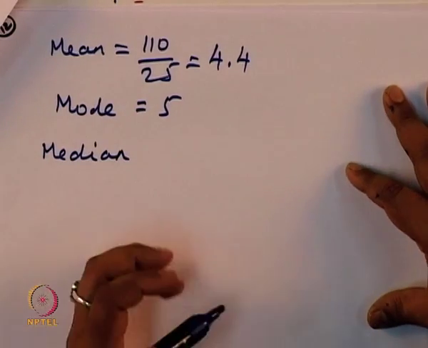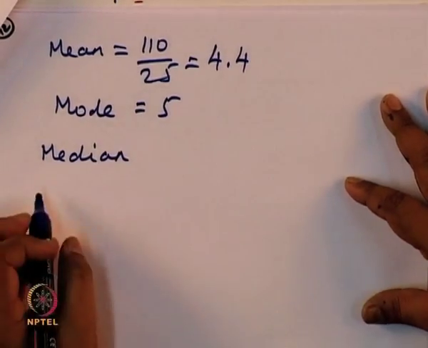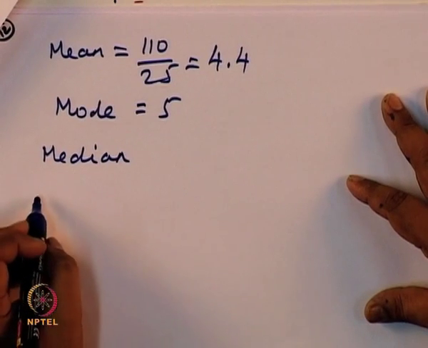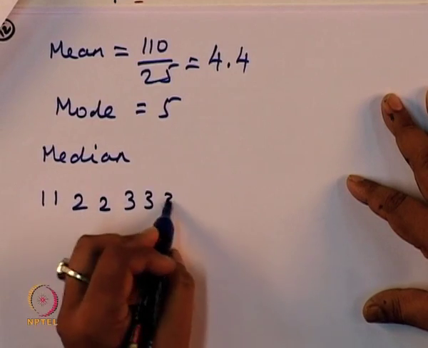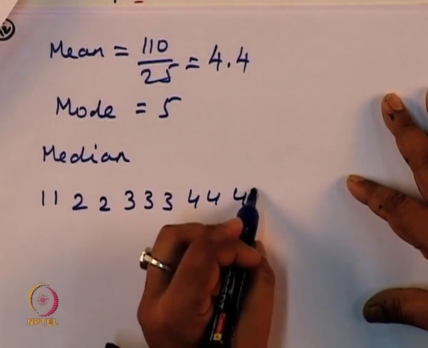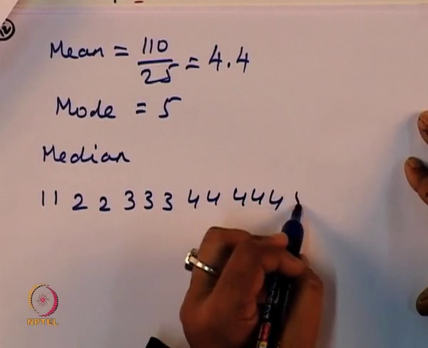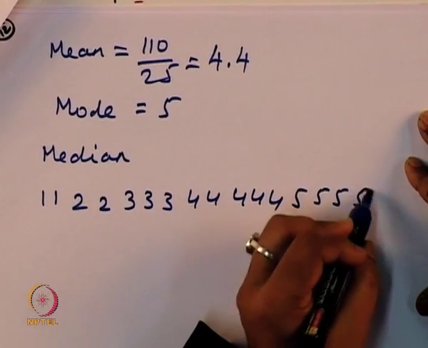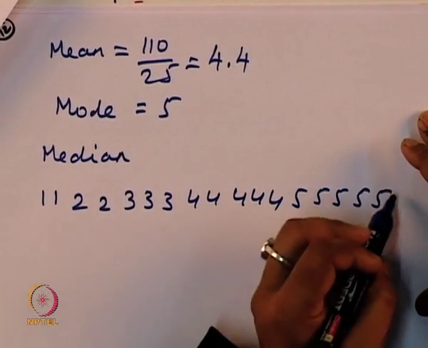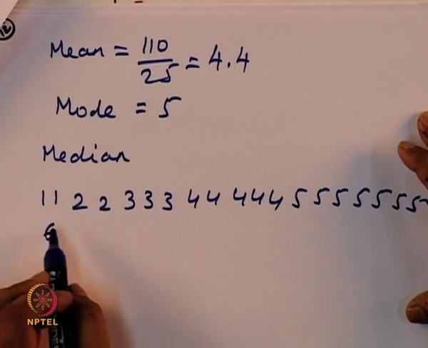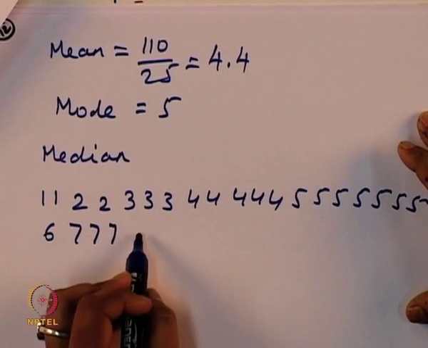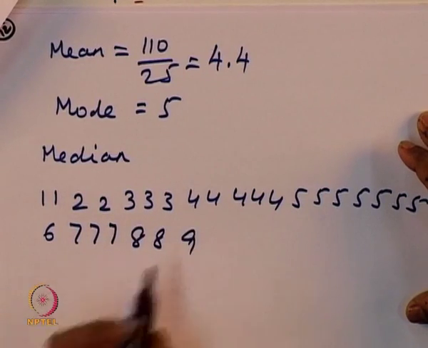So, for calculating the median, we have to arrange the numbers. We have 1 1, 2 2, 3 3 3, 4 4 4 4 4, 5 5 5 5 5 5 5, 6, 7 7 7, 8 8, 9, right.